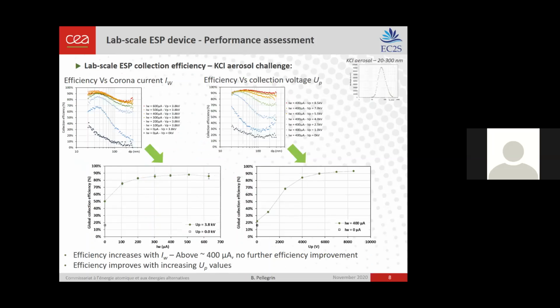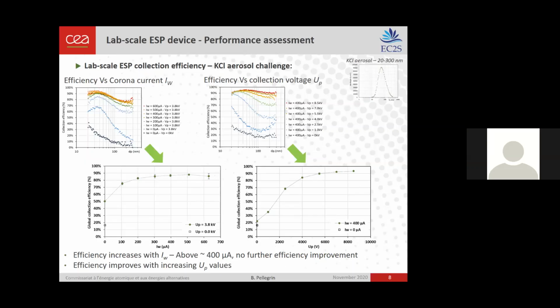So here I present some of the results obtained using potassium chloride aerosol challenge. This aerosol presents a number-based mode at about 60 nanometers, and particle size distribution ranges from 20 to 300 nanometers.